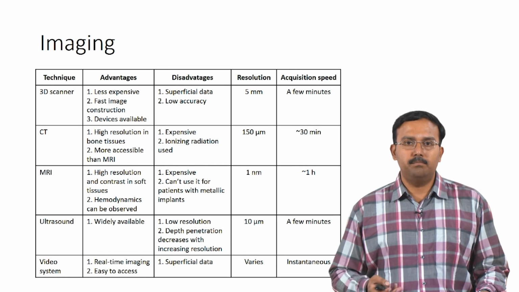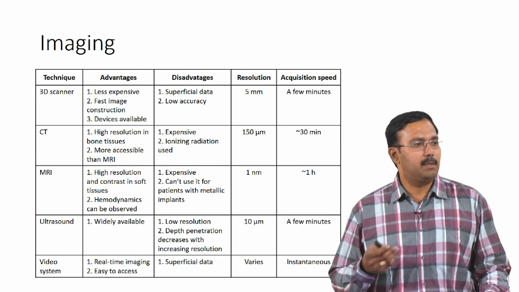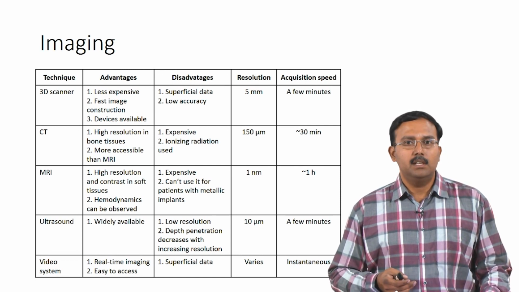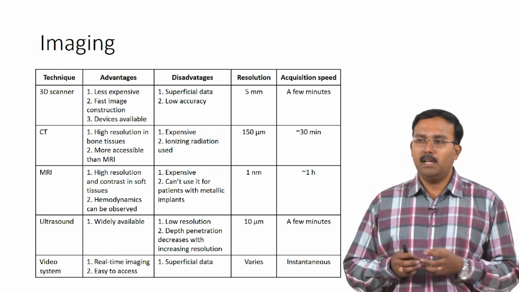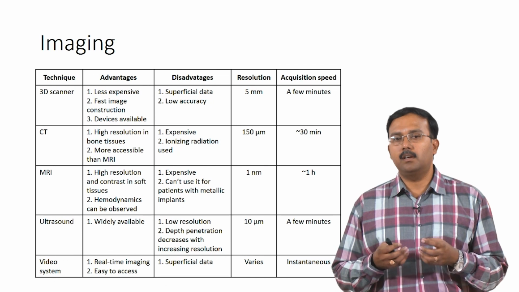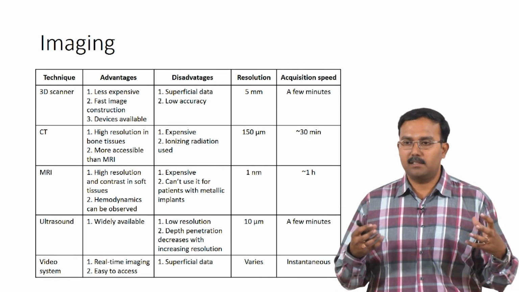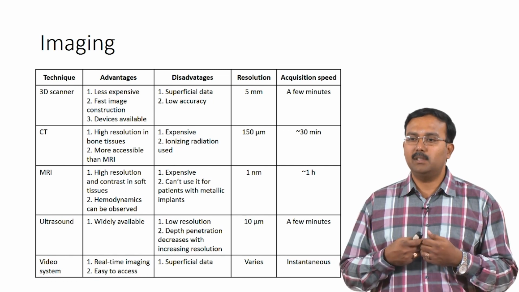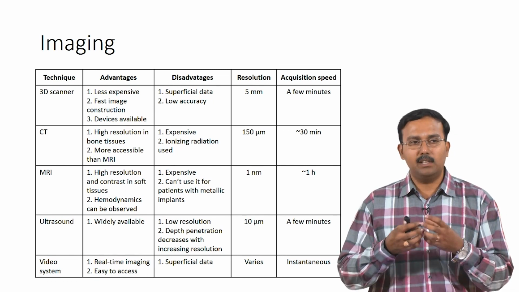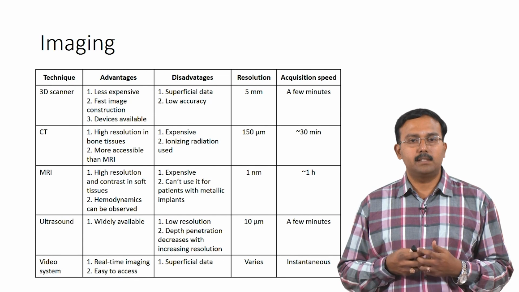The resolution is better, about 150 micrometers, and it can take about 30 minutes to acquire the image, and you would be able to get enough information for organ construction. If you are looking at smaller tissues, even 150 micrometers might not be sufficient for getting all the information about the microarchitecture.